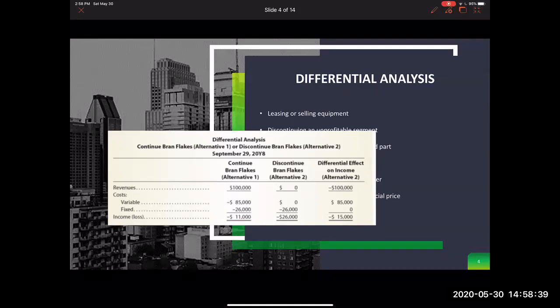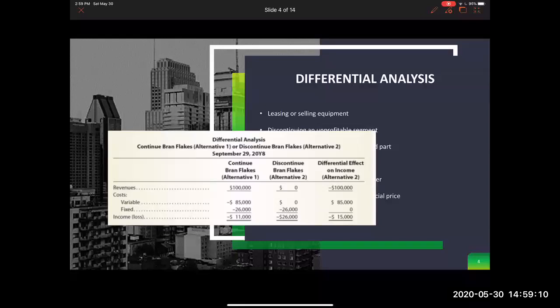It's very important that we segregate those out because remember, under discontinuing an unprofitable segment, there are some costs that cannot be eliminated, which is your fixed cost. And so here in the very first column, our income from operations is a loss of $11,000.